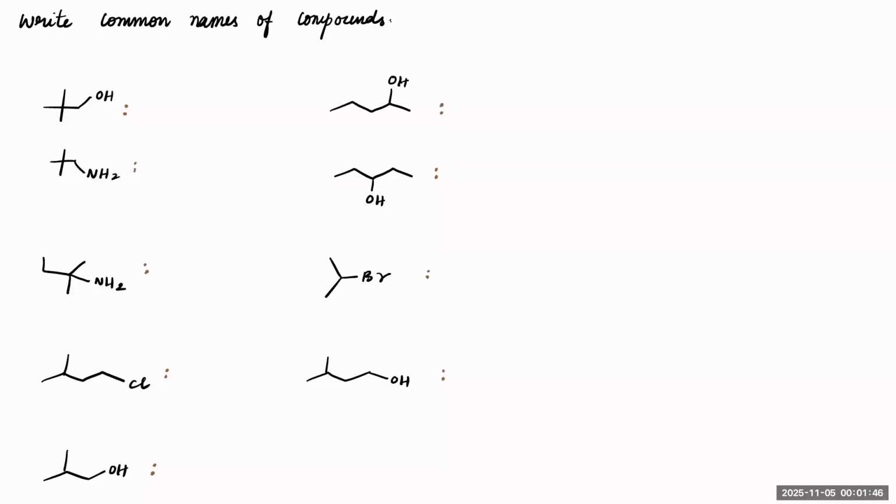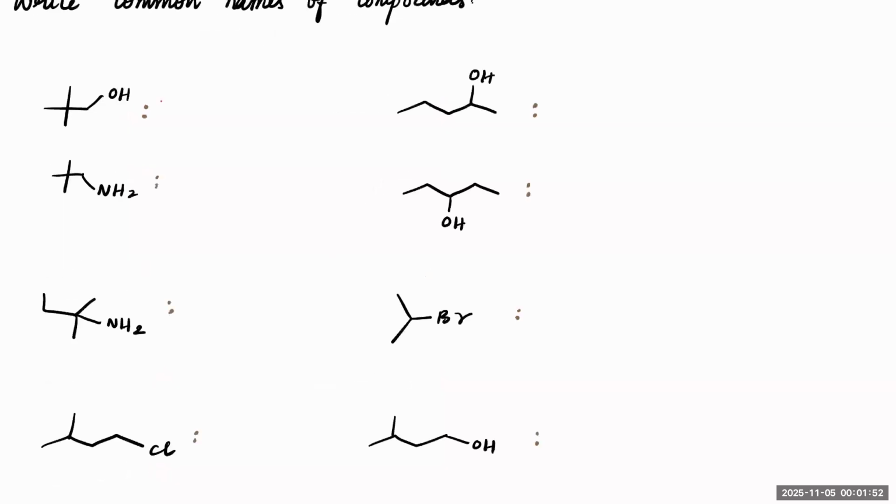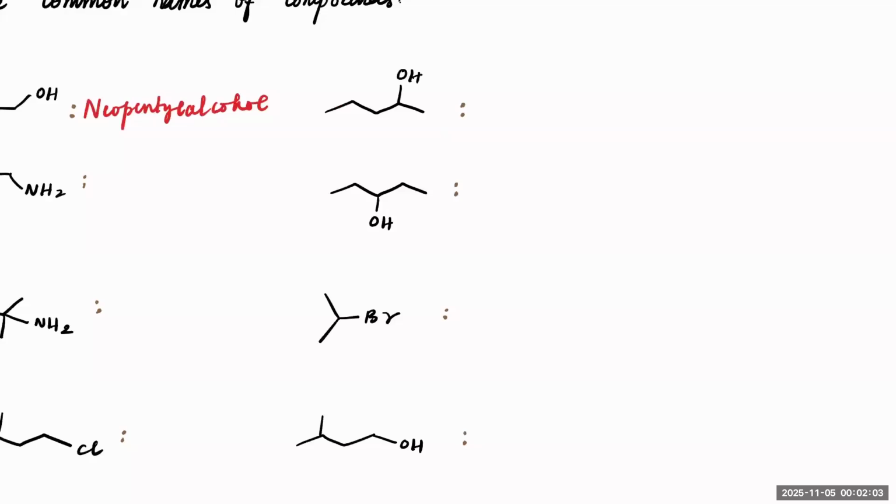Okay. The first one you can see, I can call it neopentyl form, isn't it? So that's why it is neopentyl alcohol. It is an alcohol form. Next. Now the minute it is other than the primary position, we call it secondary pentyl.